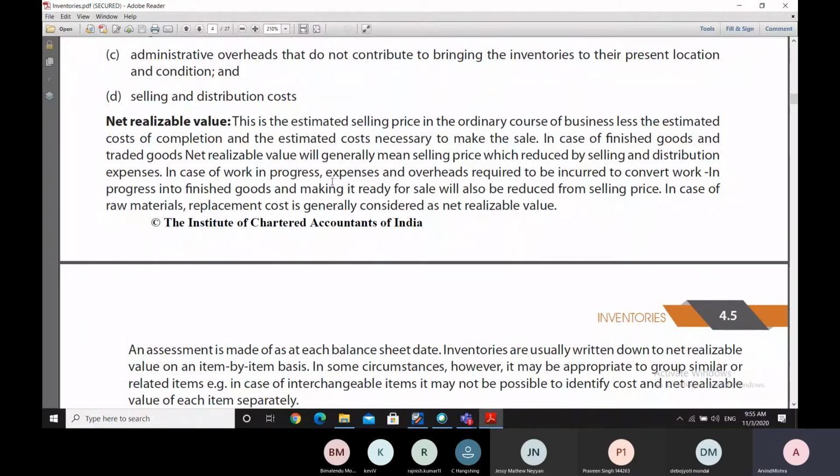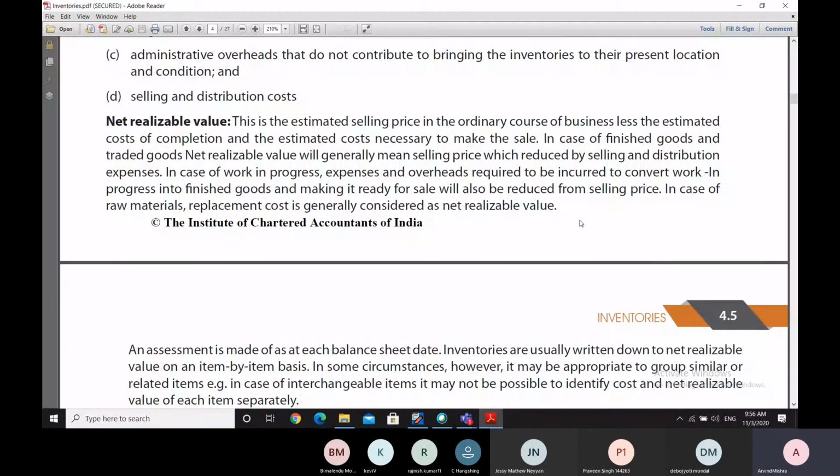And in case of work in progress, all the expenses and overheads which are required to be incurred to convert the work in progress into the finished goods and to make it ready for sale, to take it to the present location and condition for sale, to be able to be sold. All these expenditures will be reduced from the selling price available in the market for that item, and then only we'll be able to calculate the work in progress.